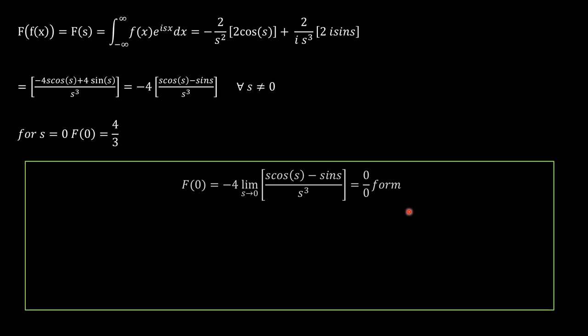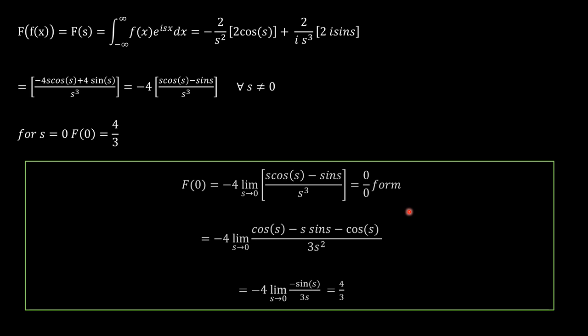So applying L'Hospital's rule and simplifying, the limit reduces to the point 4 by 3. So the Fourier transform of the function is 4 by 3 in the closed neighborhood of s is equal to 0. So that completes the first part of the question.